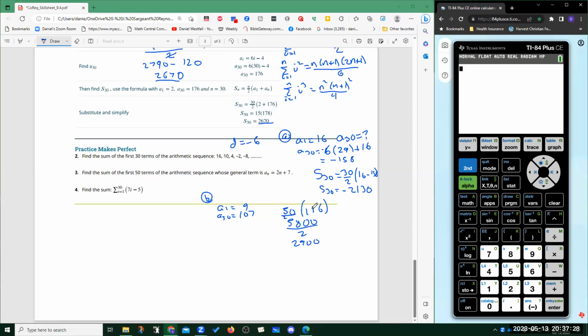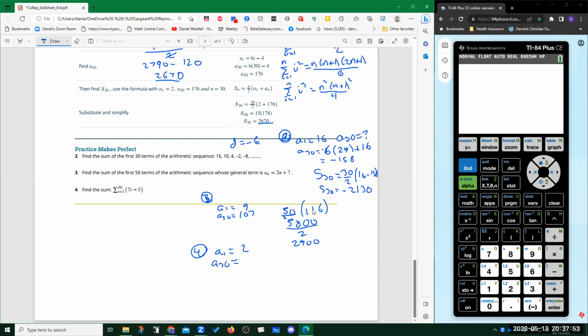Okay. Then I've got, that was 3, this was 2. Number 4. Find the sum of... so we've got A1 is equal to 7 minus 5, which is 2.